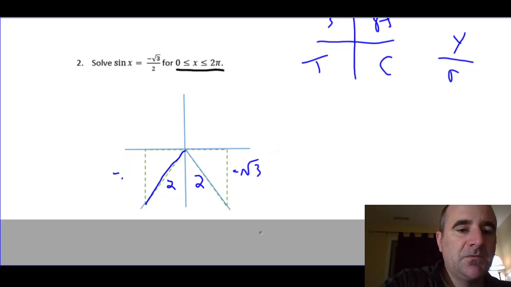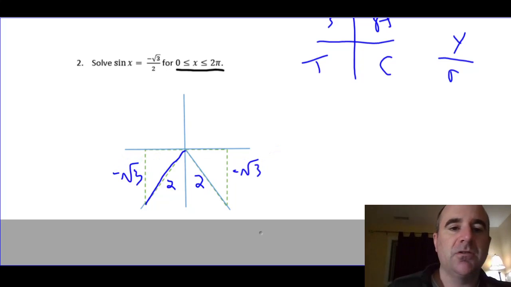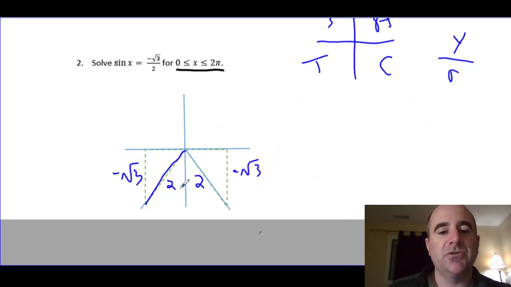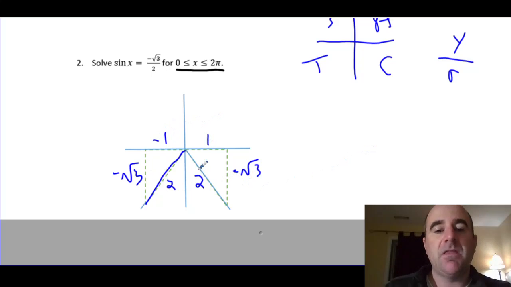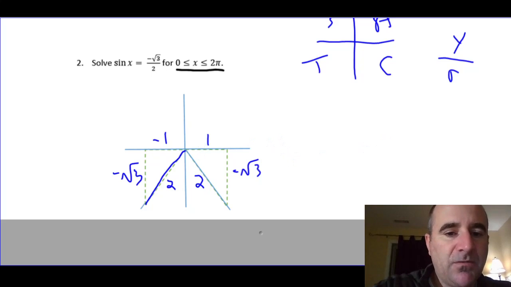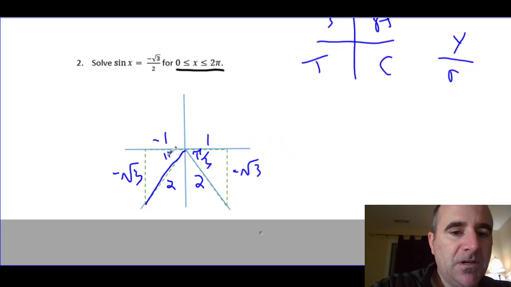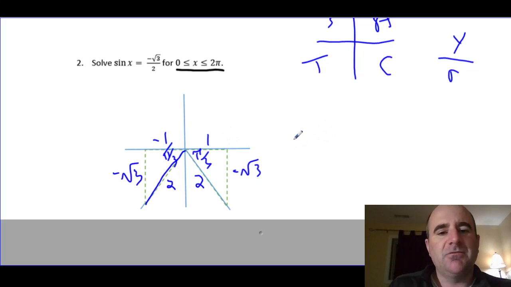As soon as we have the 2 and the negative root 3, we have one of those special triangles where this side is 1 or negative 1. That makes this angle in here 60 degrees or pi over 3 when we're dealing in radians. Pi divided by 3 is kind of hard to write on the screen, but there it is. It's a special triangle, which just means you really don't need your calculator.